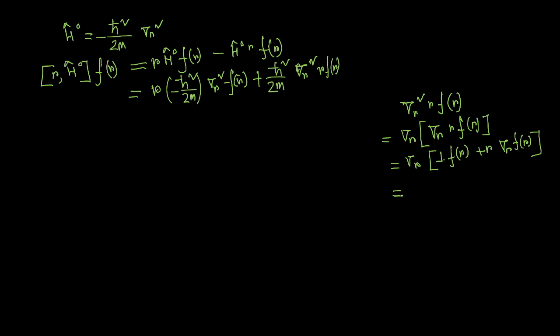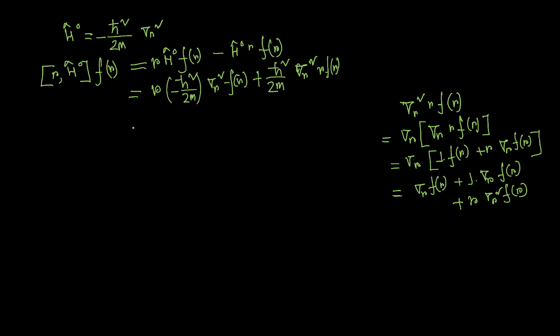Secondly, what we get is 1 into delta square fr, and 1 into delta r fr plus r into delta square fr. So this is the expression.